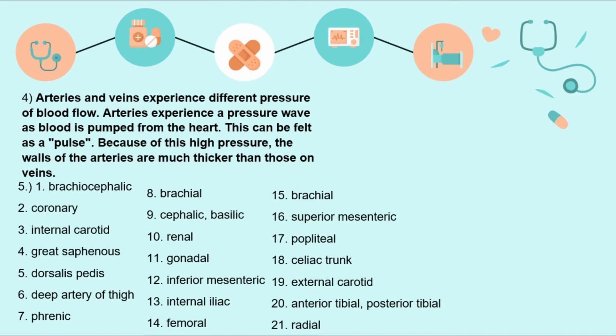Lastly, item number 5. The arterial system has one of these. The venous system has two. Our answer for number 1, brachiocephalic. Item 2, these arteries supply the myocardium. Answer: coronary. Number 3, the more anterior artery pair serving the brain.